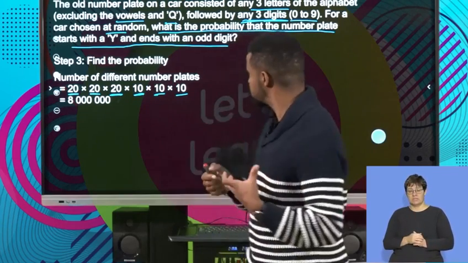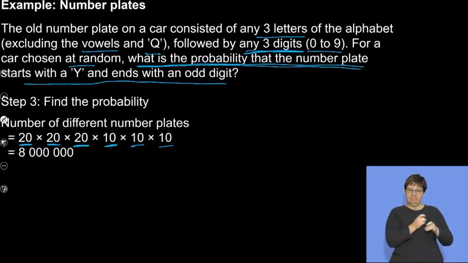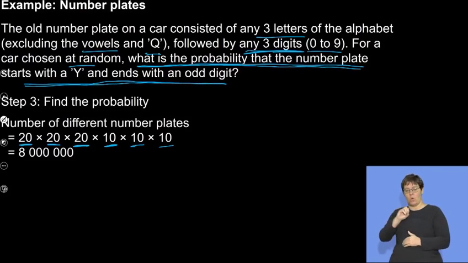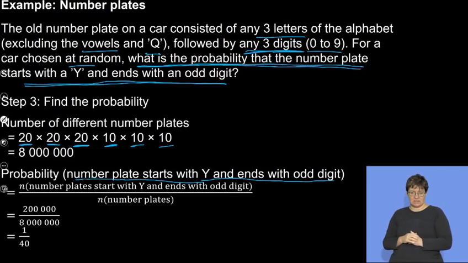The question is, what is the probability that a number plate starts with Y and ends with an odd digit? So the probability is N, the number of number plates that start with Y and end with an odd digit, which we have already calculated, over the total number of number plates.